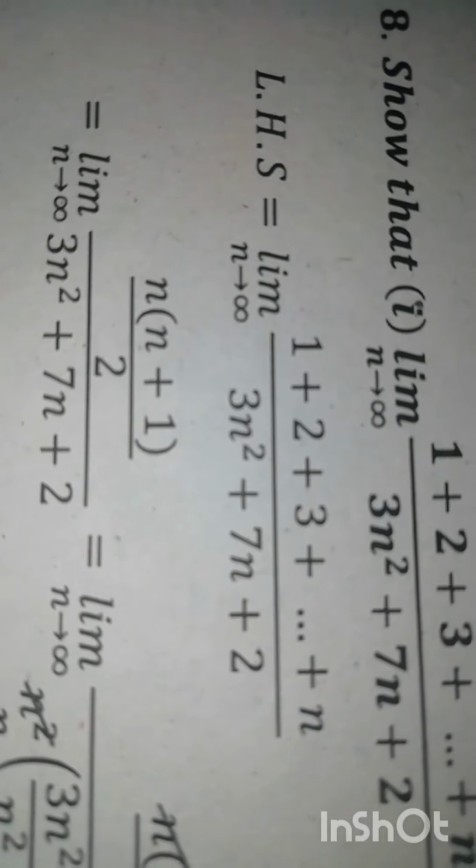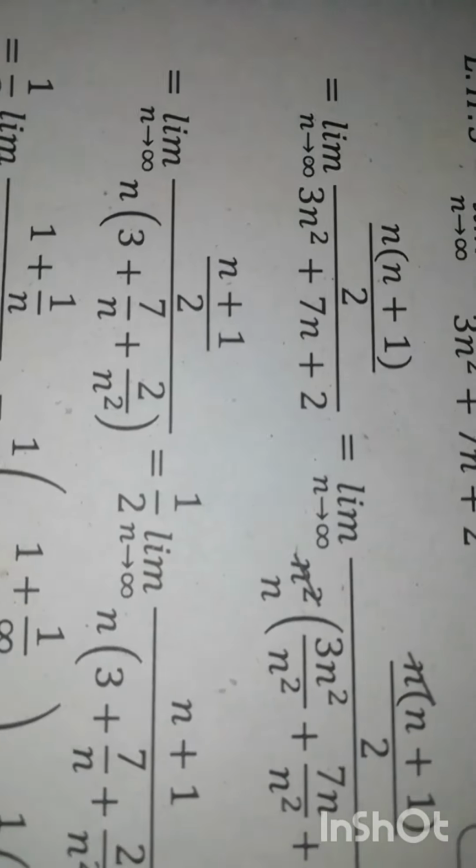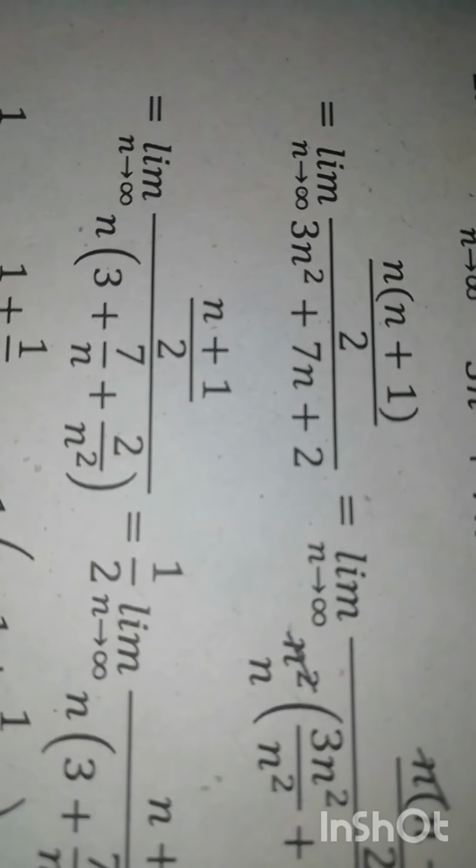N into n plus 1 by 2. Which one is the highest power here? N square. So take out the n square. After cancellation, n square cancels, we get only one n. Now finally we get this: n plus 1 by 2, n into 3 plus 7 by n plus 2.